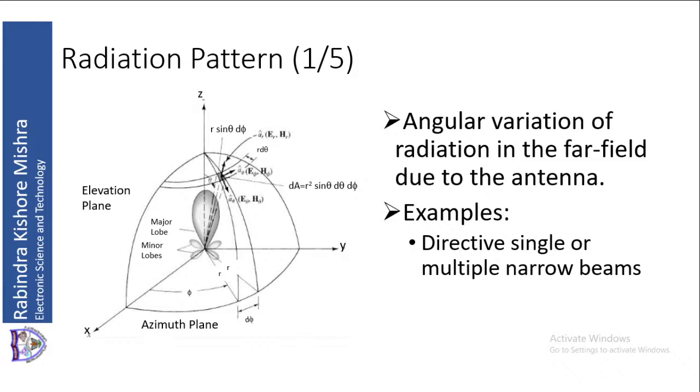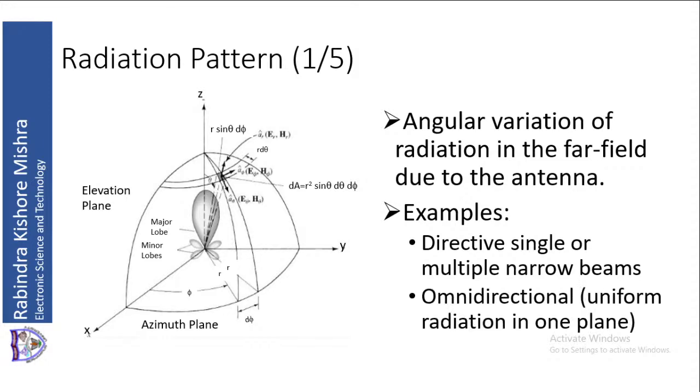That is not a multi-beam pattern. Those beams are called side lobes or side beams. The beam which has the largest maxima is called the main beam. If there are multiple main beams, then it is called a multiple narrow beam antenna. If you have one main beam, then it is called a single beam antenna.